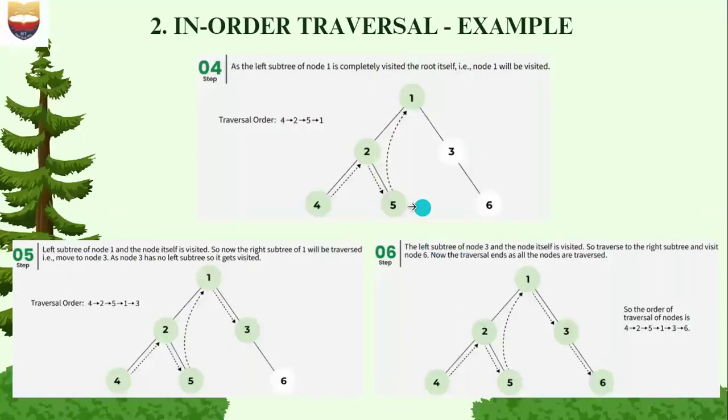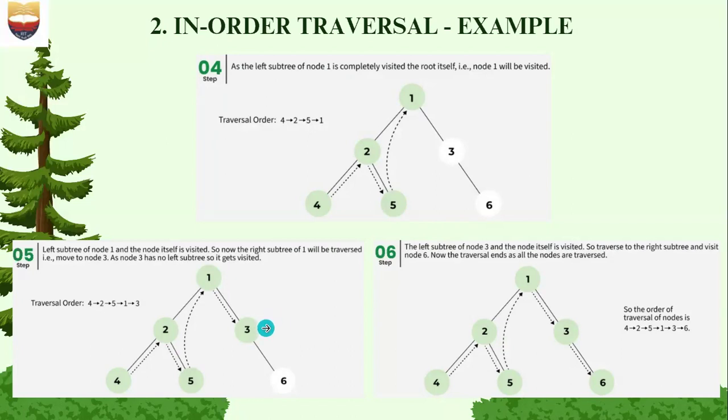Come to step 4. Only after completing traversal on the left subtree, we can go to the root element of the tree. That is 1. In this step, 1 is visited. And in the next step, after finishing visiting the root node, we shall go to the right subtree. Here in the right subtree, we have 2 nodes. Again, we have to start our traversal on the right subtree from the leftmost child.